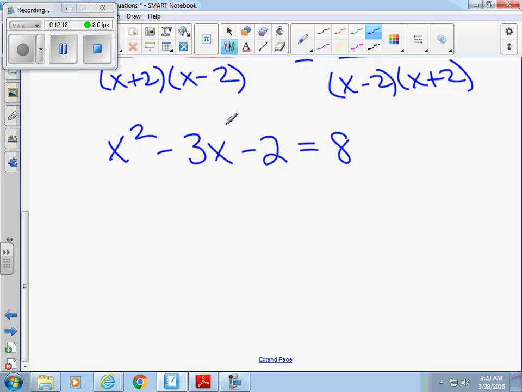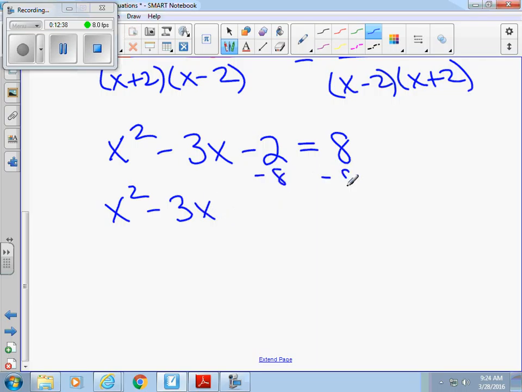How do you solve something that looks like this? Before I can factor, what do I have to do? Move the 8 over. I have to have 0 on one side.